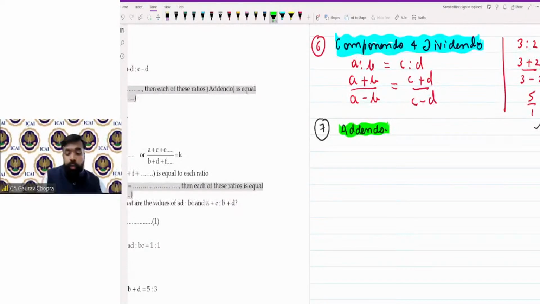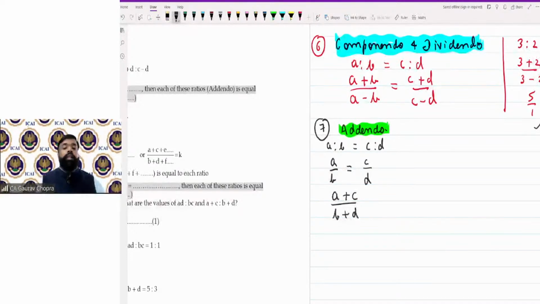For addendo, let's say the ratio is given, A ratio B is equal to C ratio D. Then what we have to do is add the numerators and divide by the added denominators. Like this can be written as A by B equal to C by D. So you have to add the numerators, A plus C upon B plus D.